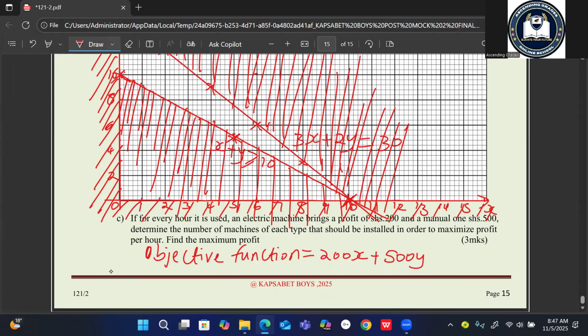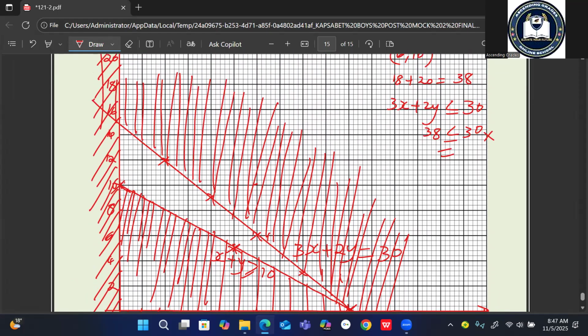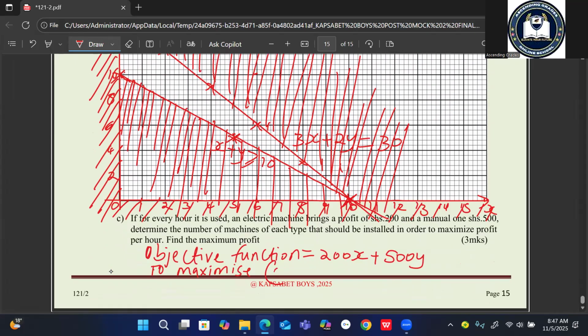So to maximize, the maximum was at 0, 15. You can just replace it there.